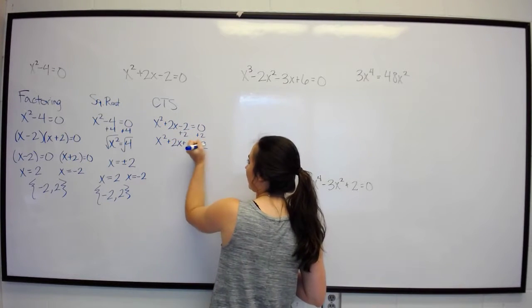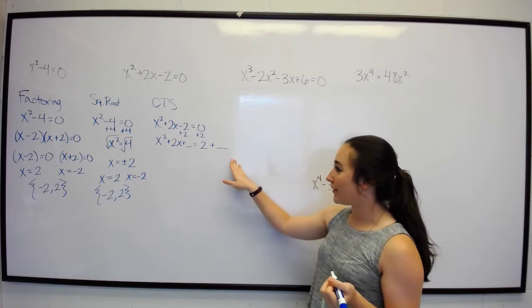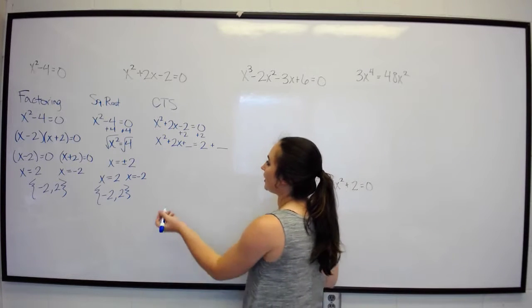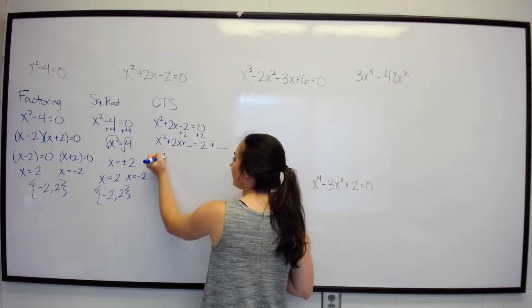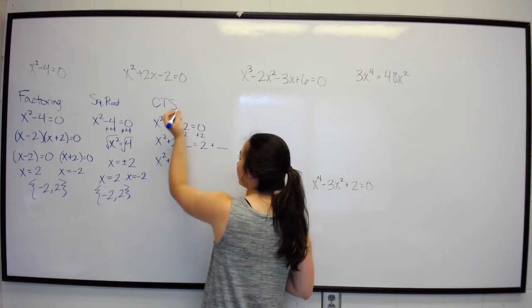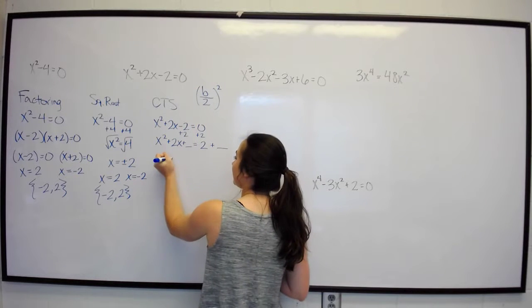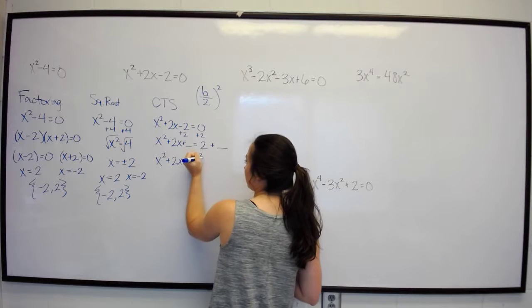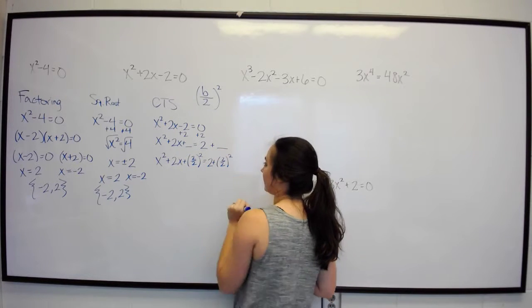And I know that I'm going to add something to both sides. I have to add it to both sides because that's the only way that I can keep myself from changing my equation. So what I'm going to add to both sides is b over 2 squared. So on this side, I'm going to have 2 over 2 squared, and the same thing on this side.